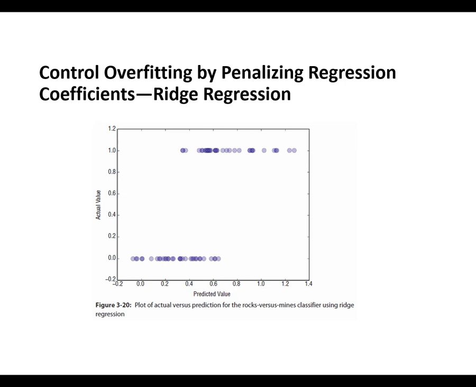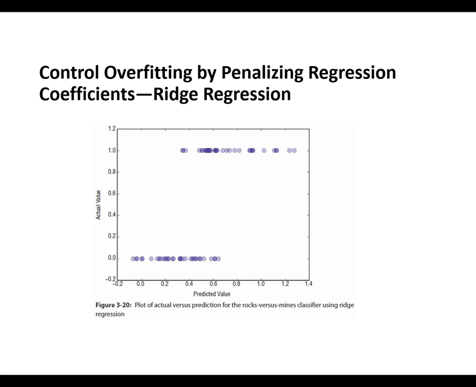This is the plot of actual versus predicted for the rock classifier using ridge regression. So these two horizontal lines, wherever the dark portion is there, indicate good results. So this is all as far as Python and data analytics is concerned.